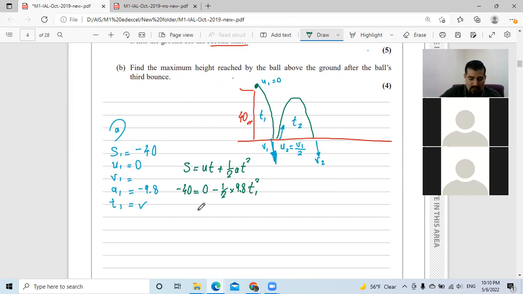So by using calculator, T1 is equal to the square root of negative 40 divided by 4.9. Okay, good. Any question? Good. Okay, this is the first time.